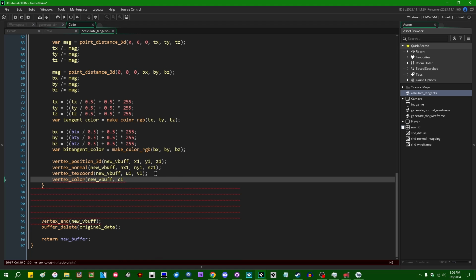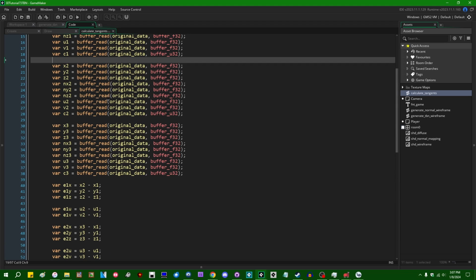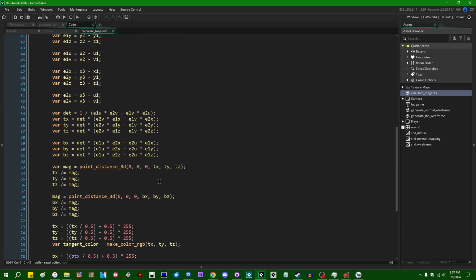So I can say c1 binary and against 0x00ffffff, just to extract the color channel information out of that value, and the alpha can be c1 shifted to the right by 24 bits divided by 255. There are other ways to do this, by the way. You could read out red, green, blue, and alpha values individually from the original buffer if you'd like.